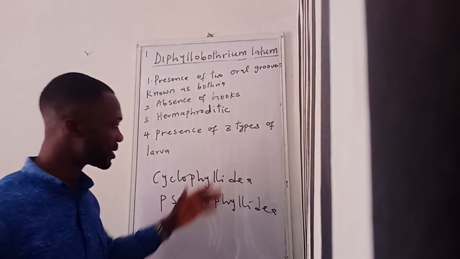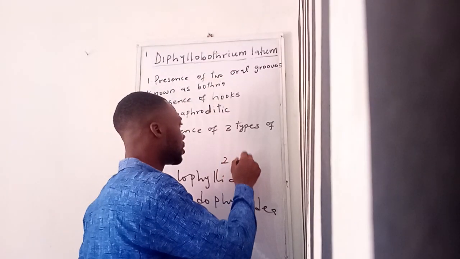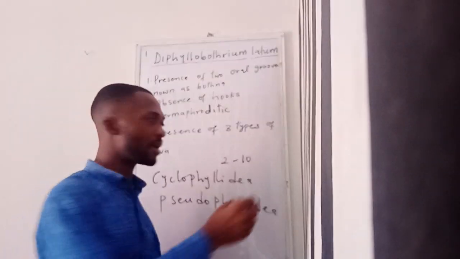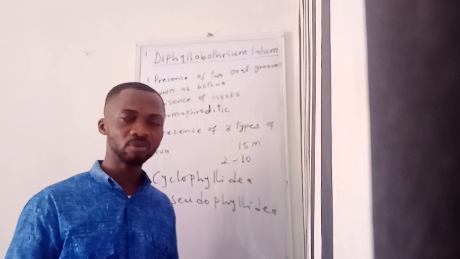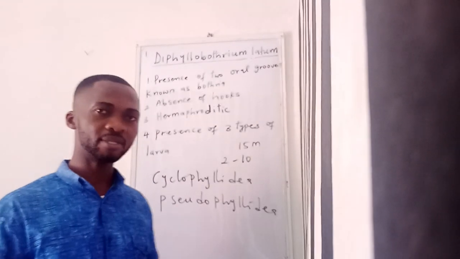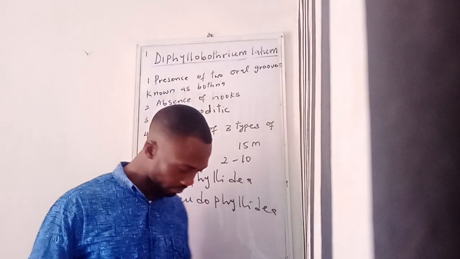The size of this parasite is about 2 to 10 meters long. Sometimes some members even get to 15 meters long. You can see how big this parasite is, Diphyllobothrium latum.